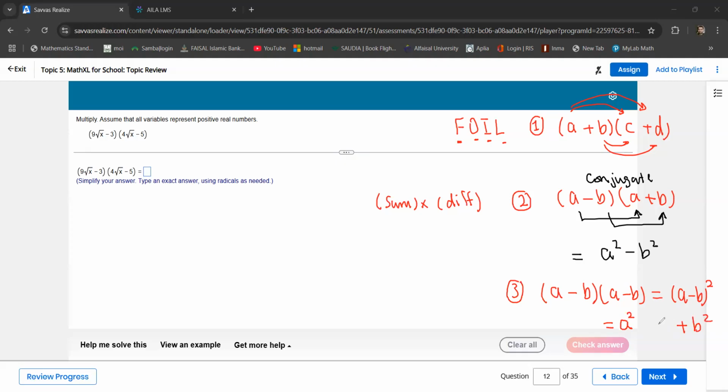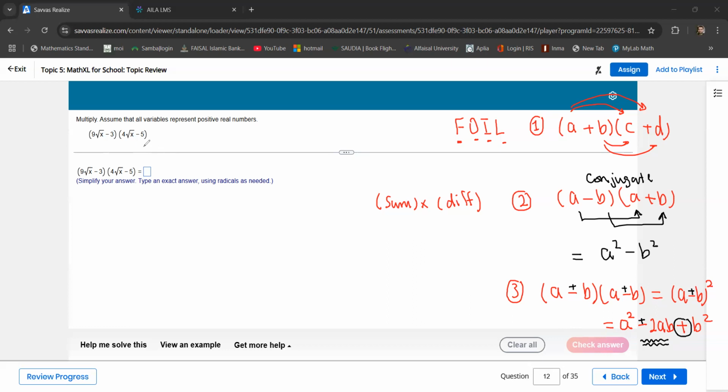And this space is for what? To multiply the first by the second times 2. So we say negative 2ab. What about if it was positive? If it was a plus b times a plus b, here will be plus, and here will be plus, means positive. So the sign of the middle term depends on the sign mentioned between brackets. And the last one is always positive.